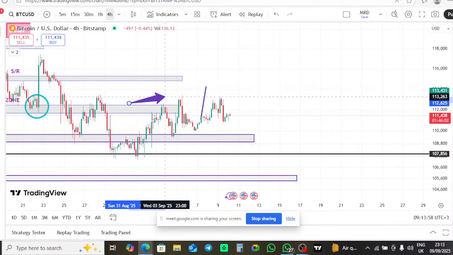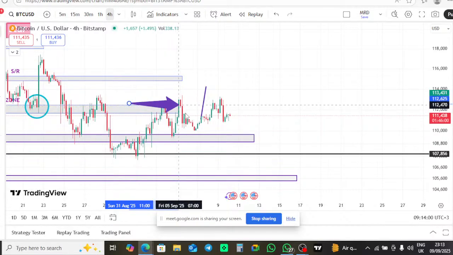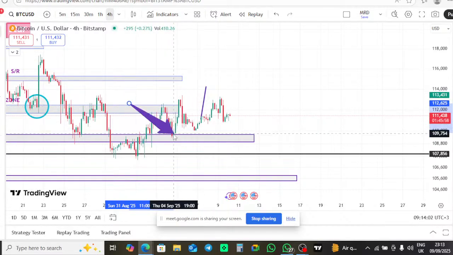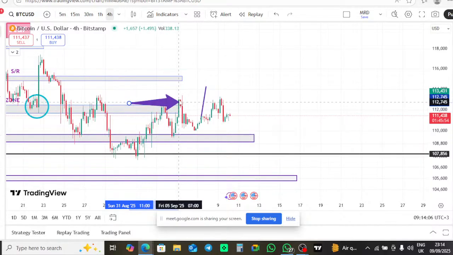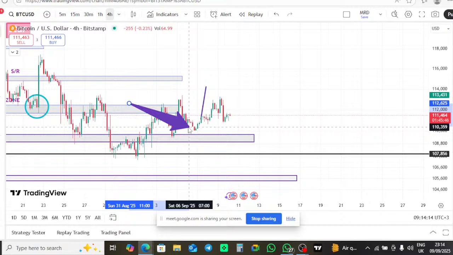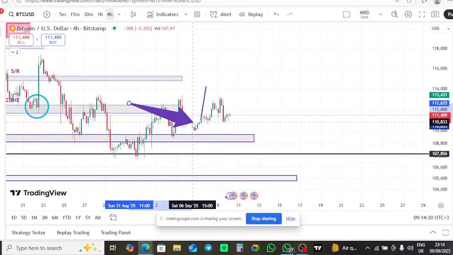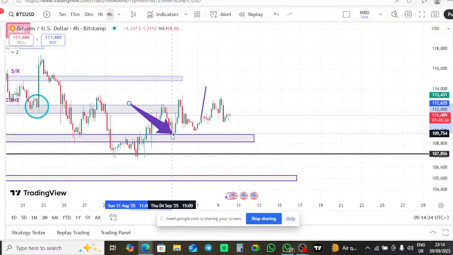Yes. Thank you. Okay, now from here we can see the rejection on our support level. And again we can see the rejection on our resistance level. But like I told you, whenever we fail to break the previous lows and highs, it means something. So when you check here, this level failed to break this area.